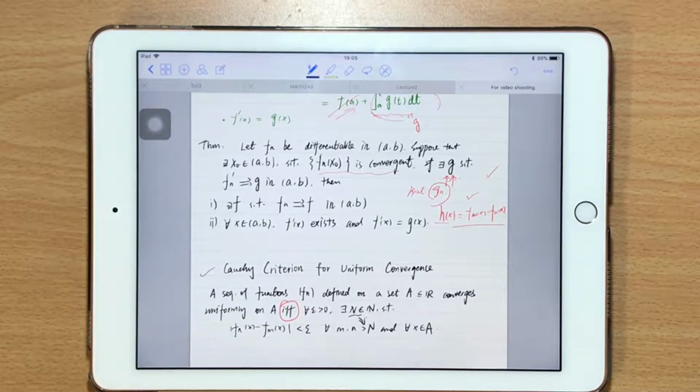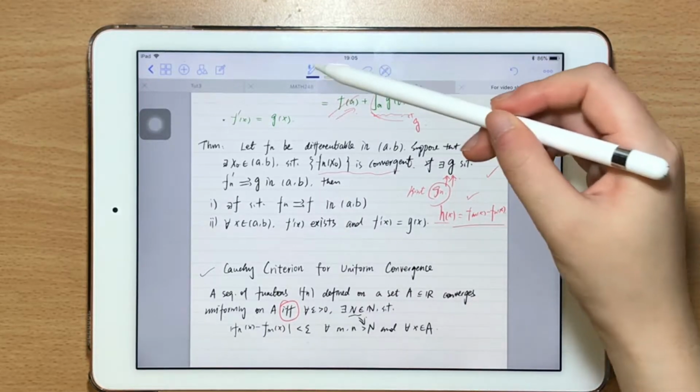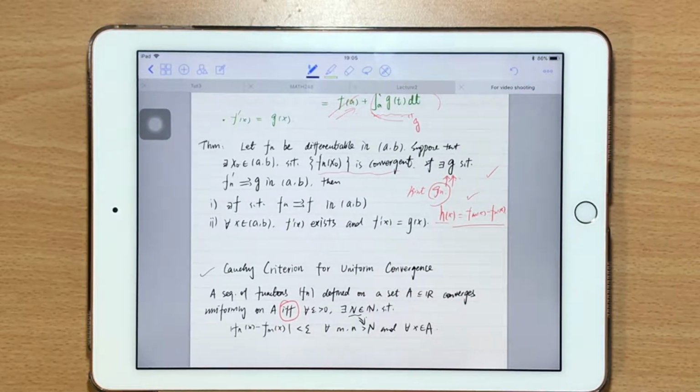If you are given a sequence of uniformly convergent functions, and I have to give you a hint, simply use the triangle inequality, which will give you the inequality. So it's quite straightforward. I'm not going to show it in this video, but I'm going to show you the sufficient part.